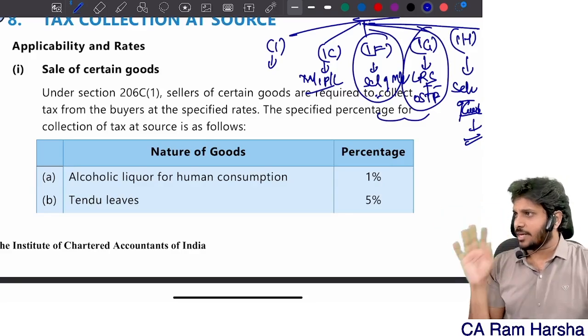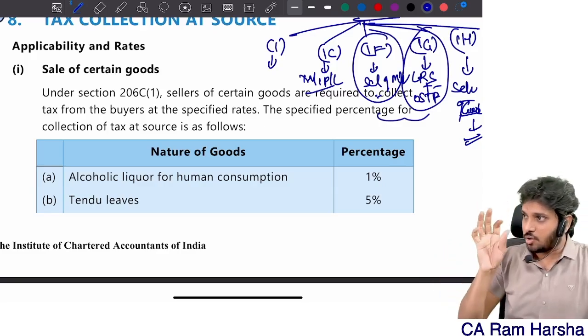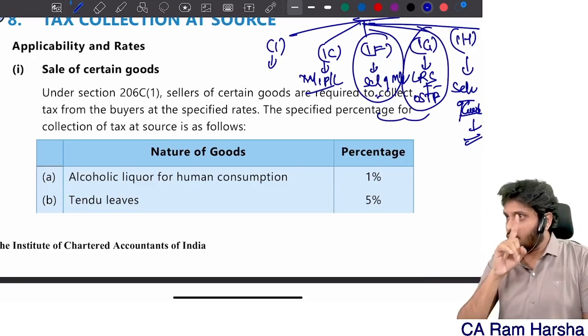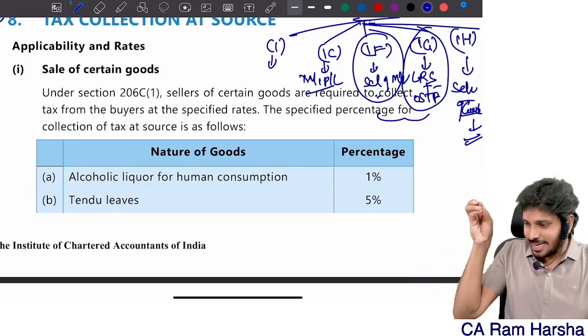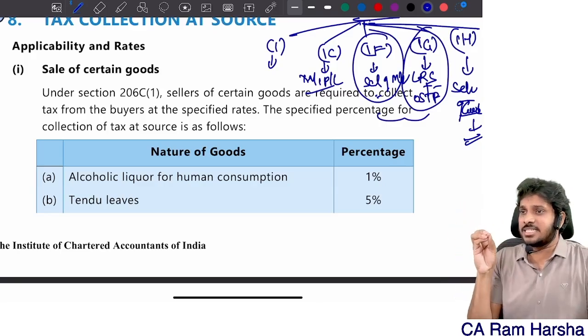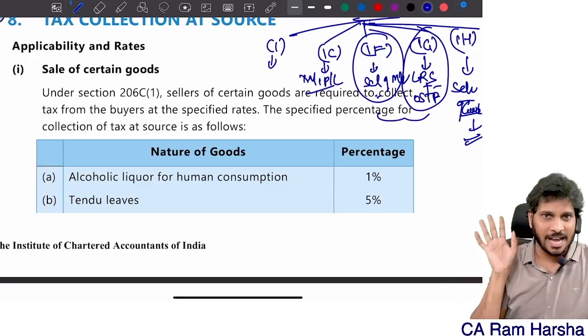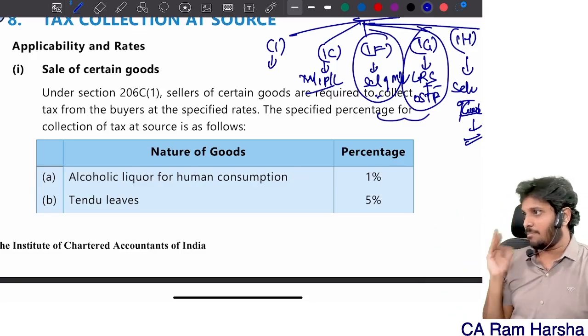What is ex showroom price? Selling price plus GST is equal to ex showroom price, excluding road tax, excluding insurance, excluding other accessories charges, all that. Directly, selling price plus GST is equal to ex showroom price. If that ex showroom price is exceeding 10 lakh, 1% is the TCS the seller has to collect from the buyer.